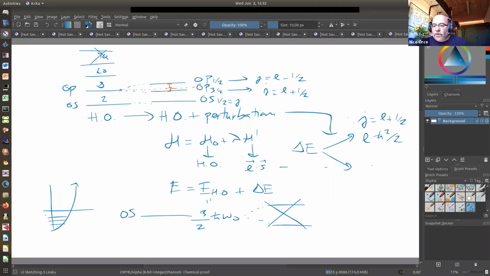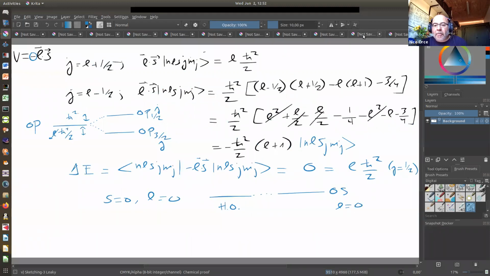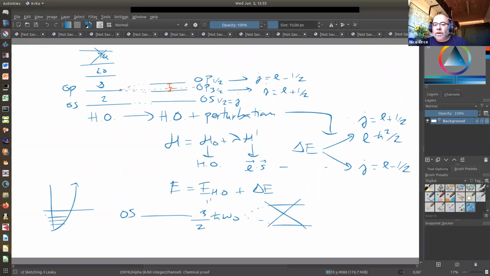And for J equal L minus 1/2, we also calculated it right now, and it was minus h bar squared over 2 times L plus 1.